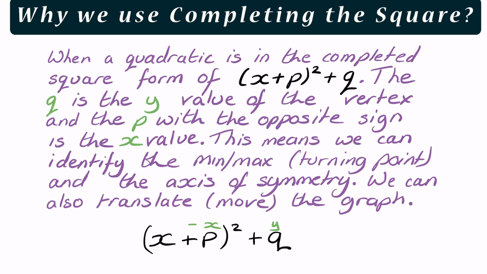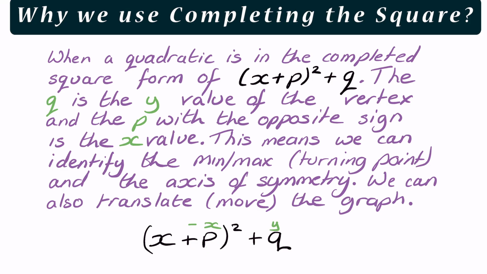Now, the vertex is a turning point, so this means we can identify the minimum, the maximum, and the axis of symmetry, but we can also use this to translate, to move a graph. So here's the completed square form. This number here would be your y value, and this number with the opposite sign is your x value.